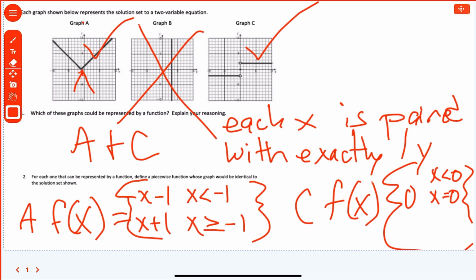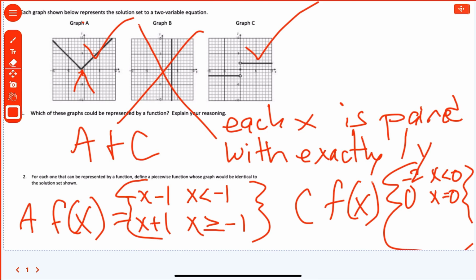Every y value to the left of 0 is what? Negative what? Negative 2. It's negative 2 to the left of 0 because x is less than 0.